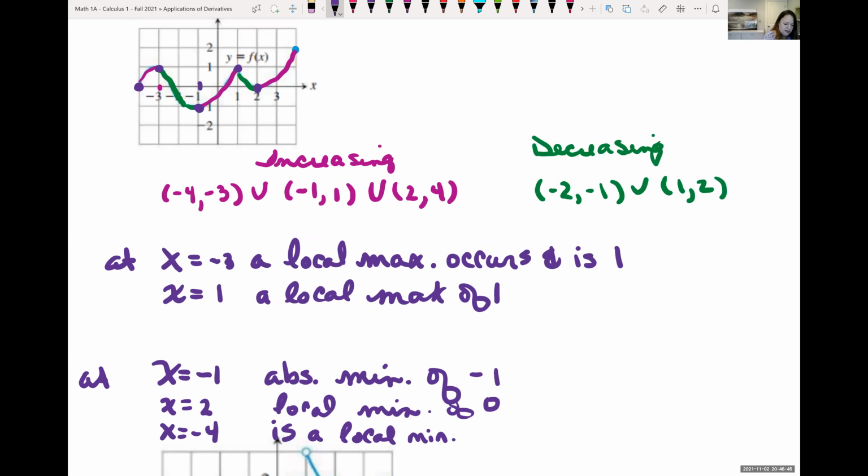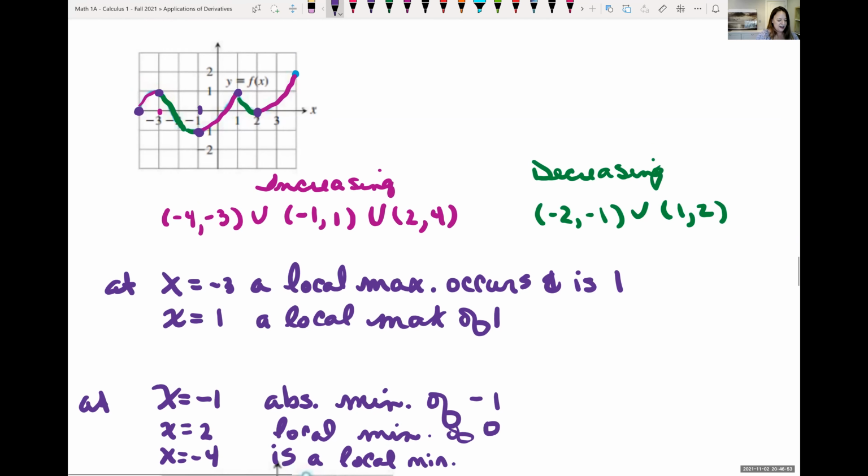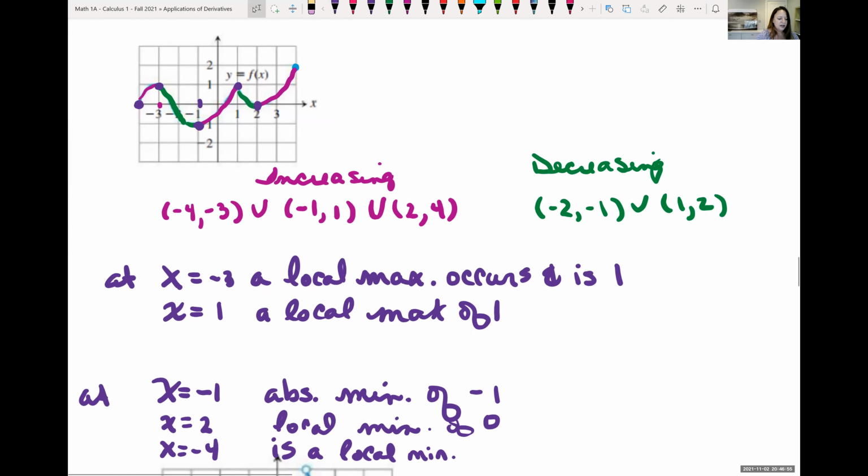That's because our endpoint is a solid circle, and local max and local mins, or absolute max and absolute mins, can occur at our endpoints. And here, notice at x equals 4, that's the highest value we're reaching, so at x equals 4 we have an absolute max of 2.